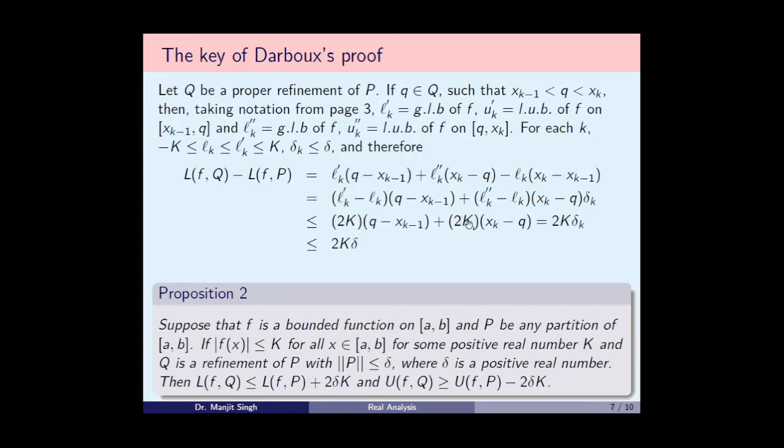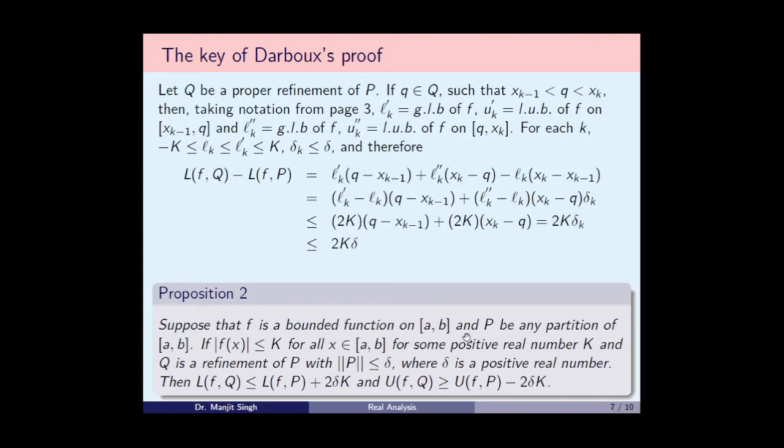If we take 2K common here, then it will be 2K delta_k, and delta is the norm, so delta_k will be smaller than or equal to delta, so this is 2 delta K. One can see here K is a bound of the function, and delta is the norm of the partition. So if we consider all these things, then we can find this result.